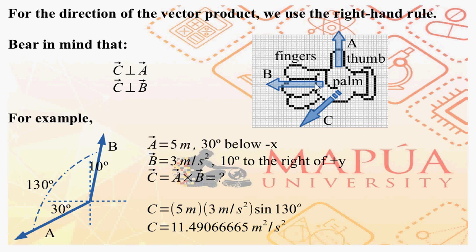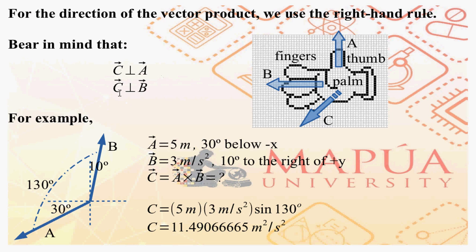Point your fingers in the general direction of the second vector. And wherever your palm is pointing, that is the general direction of the vector product C. Bearing in mind that C must be perpendicular to the first vector.